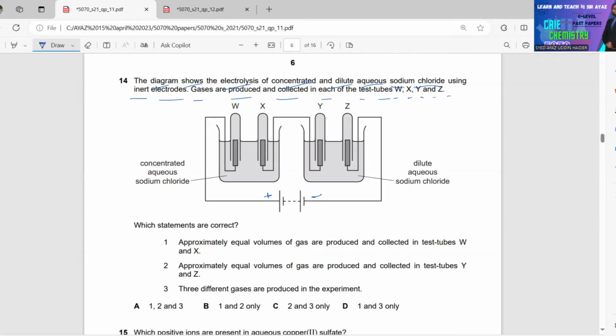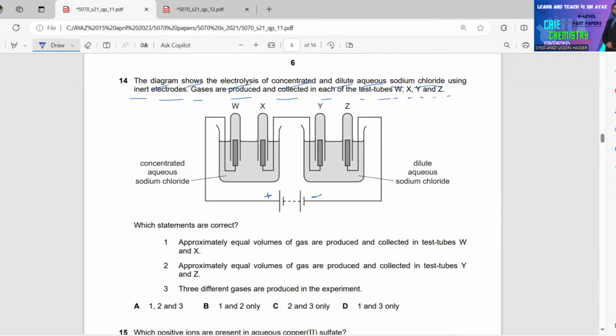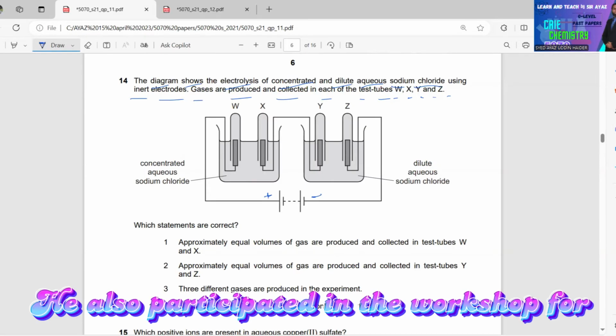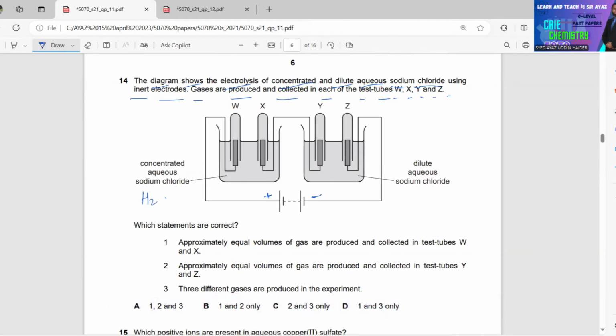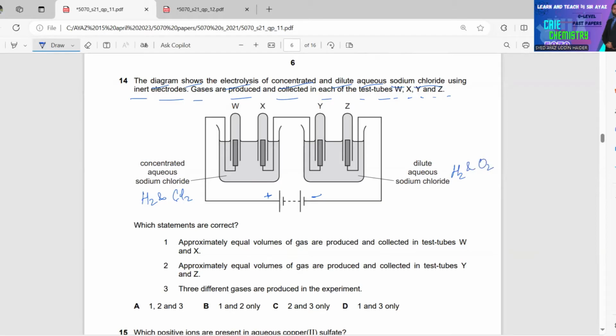In concentrated aqueous sodium chloride, you must be getting hydrogen gas and chlorine gas, Cl2. And in case of dilute aqueous sodium chloride, here you will get hydrogen gas and oxygen gas.